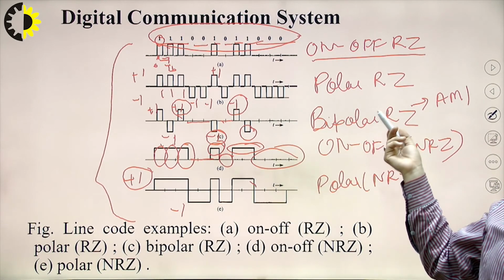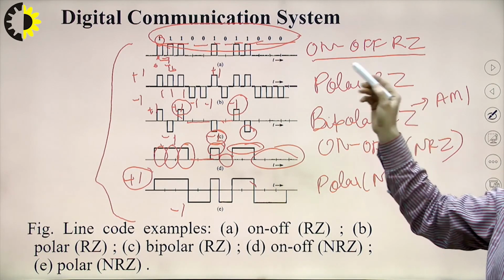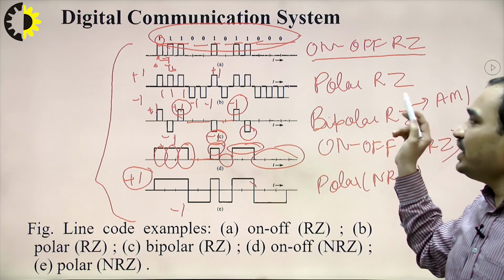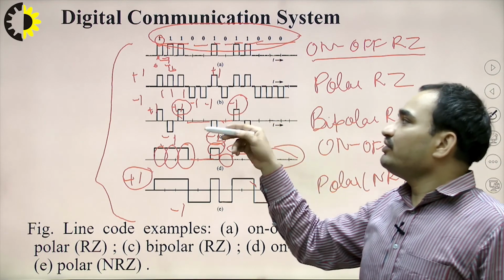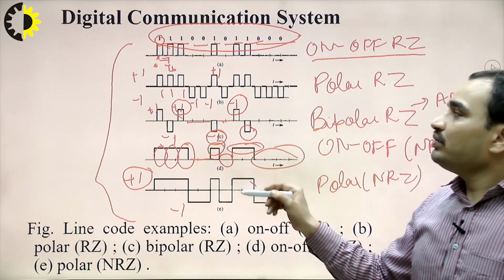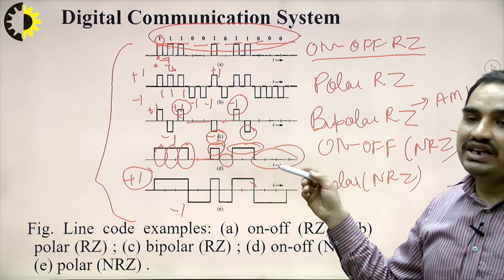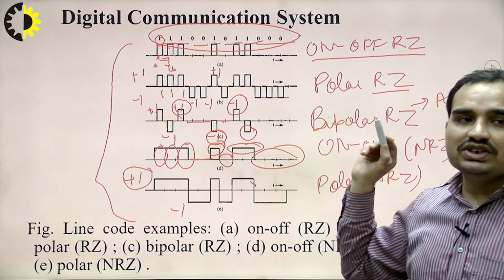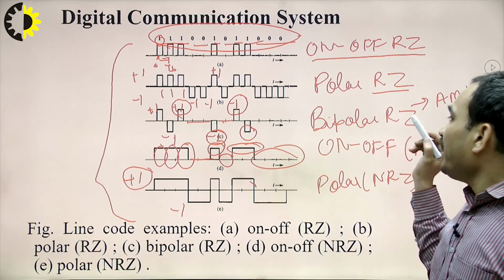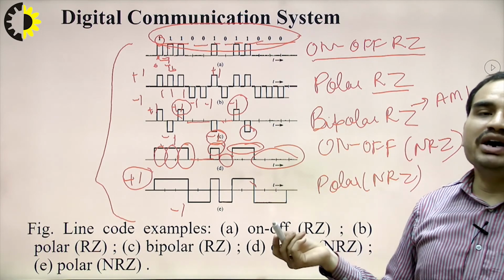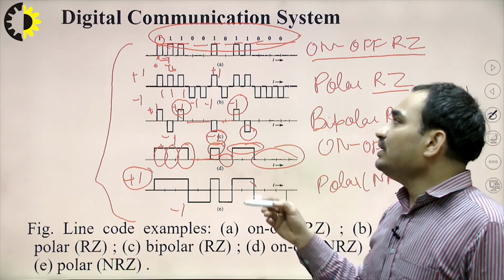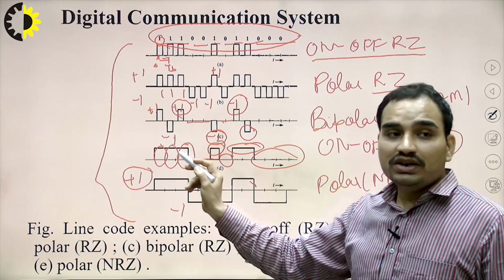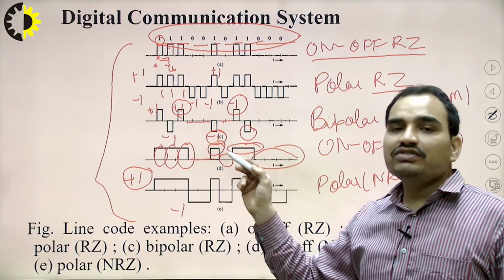Once again, for on off RZ with half bit duration, for 1 we have 1 and for 0 we have 0. For polar RZ, for 1 we have +1 and for 0 we have -1, for the half bit duration. RZ means return to 0. For bipolar RZ we have alternate mark inversion, marking the ones alternately: the first one is +1 and the second one is -1.